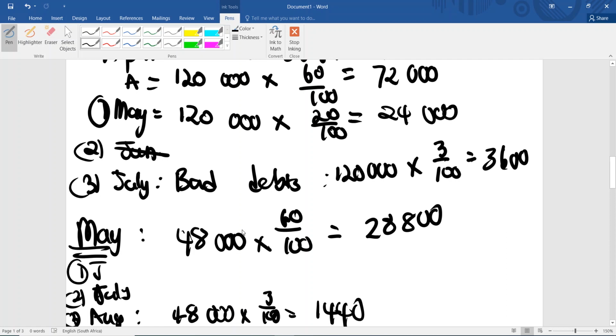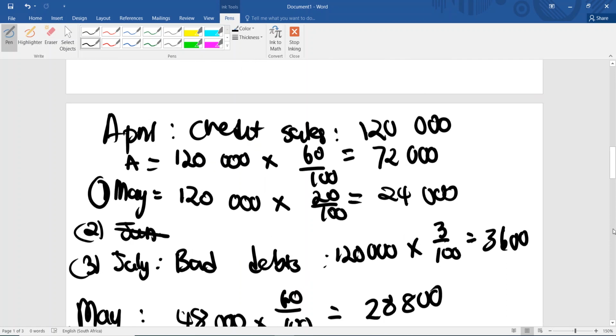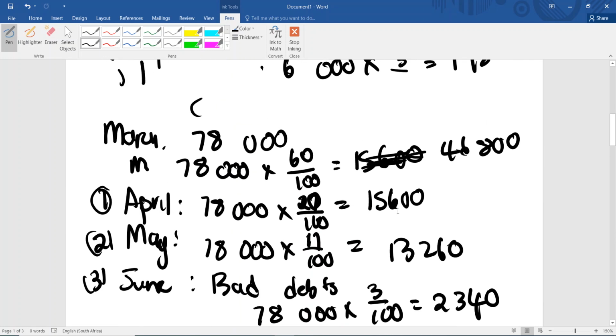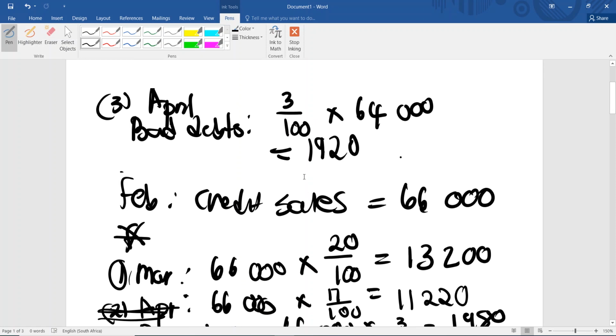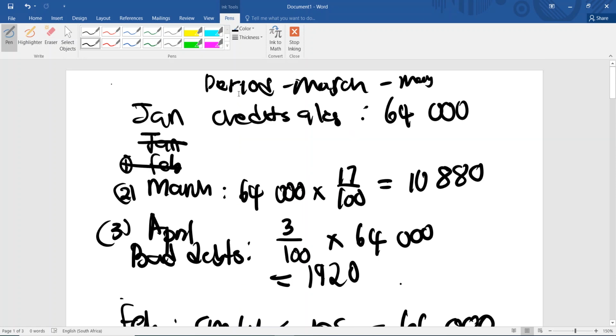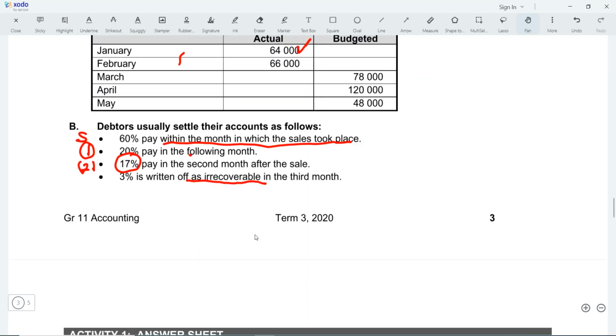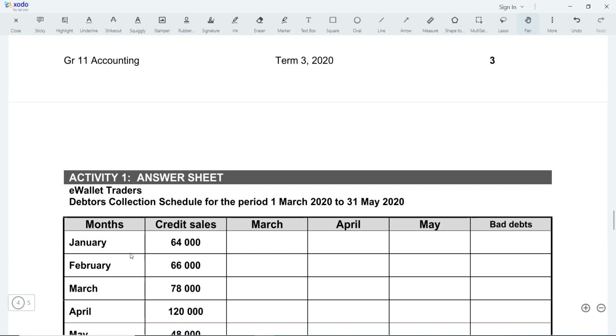Okay, so now I'm going to show you how we are going to record this information in the answer sheet. Unfortunately, we have to go back to the beginning. Remember, from the sales that happened in January, the only month that was affected was March, right? So this 10,880, we are going to record it in the answer sheet.